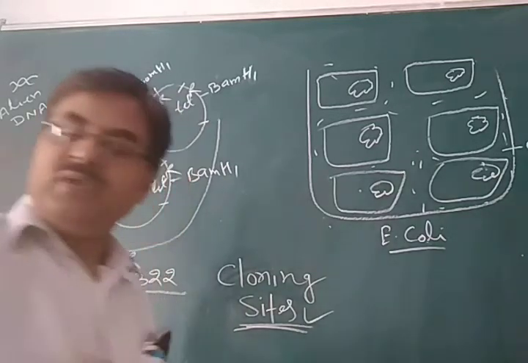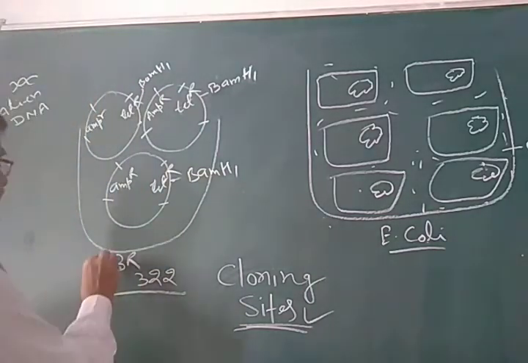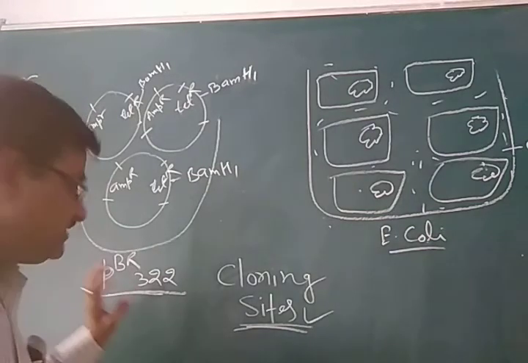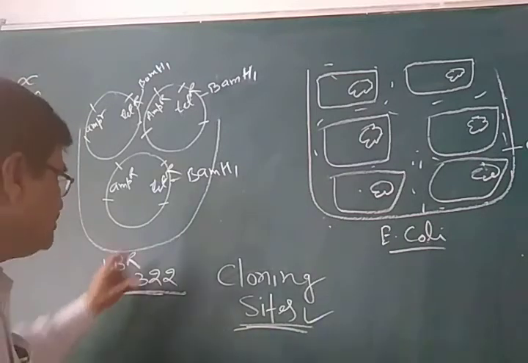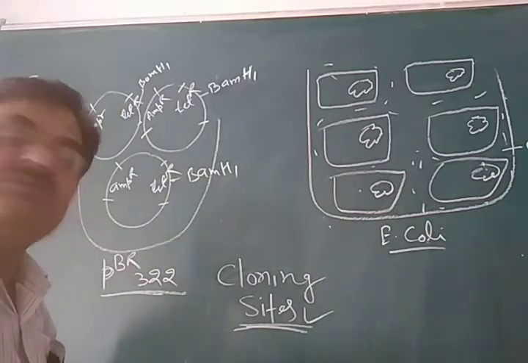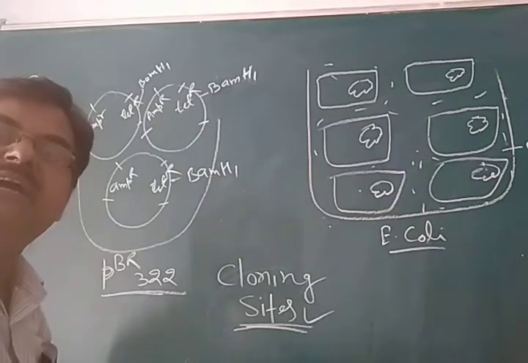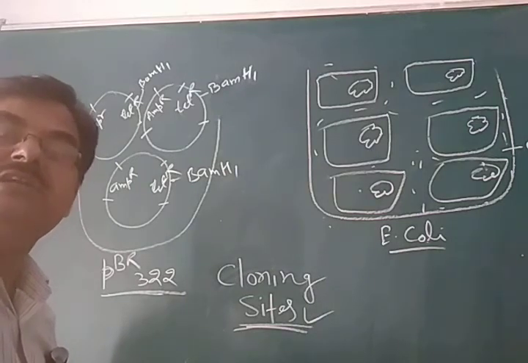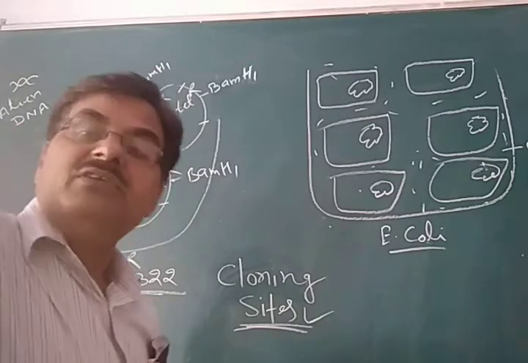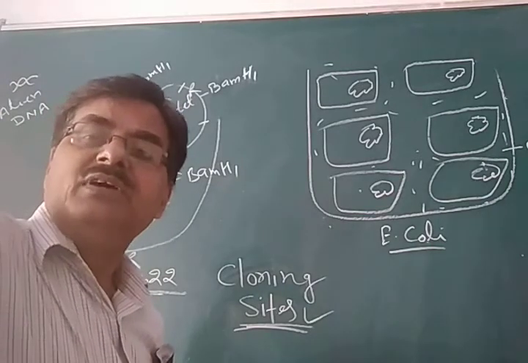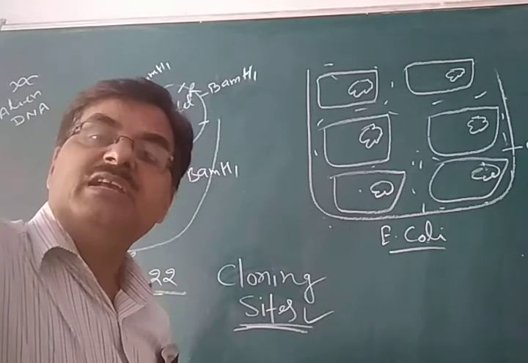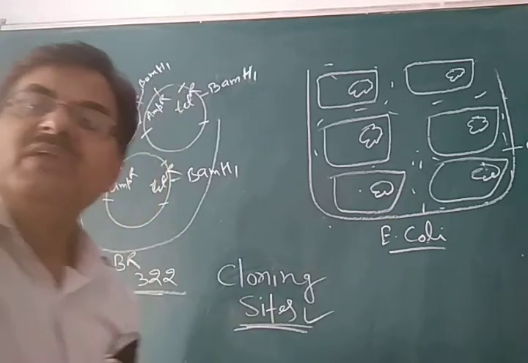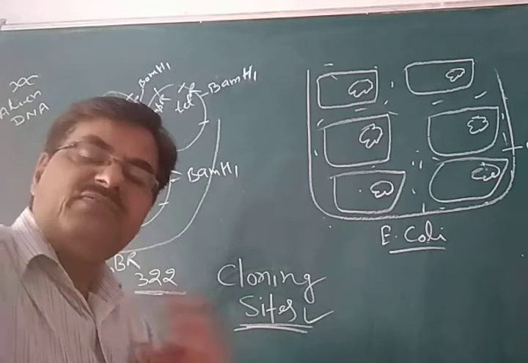Okay? For example, suppose we are going to talk about pBR322. This is a commercially used cloning vector, where our scientists modified the plasmid and developed pBR322 as a cloning vector for commercial use, because in biotechnology we require a large number of cloning vectors for the large scale production of industrial products. So nowadays we are using the engineered, modified cloning vector.